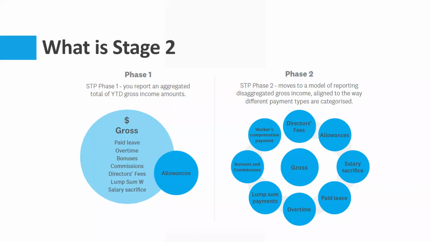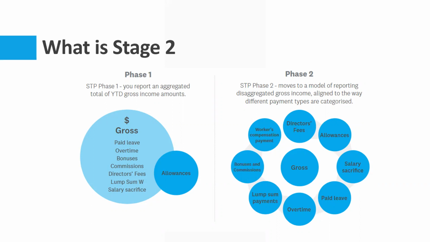The disaggregation of gross salary will significantly increase the transparency of information provided to the ATO and other government departments. And the ramifications of this include additional reporting of allowances. That will mean that the government departments can now easily look at what type of an allowance is being paid and if the correct tax treatment is being used.